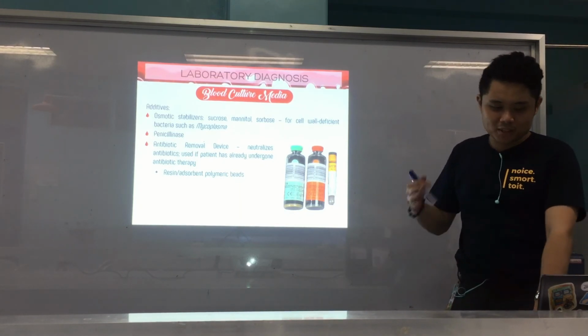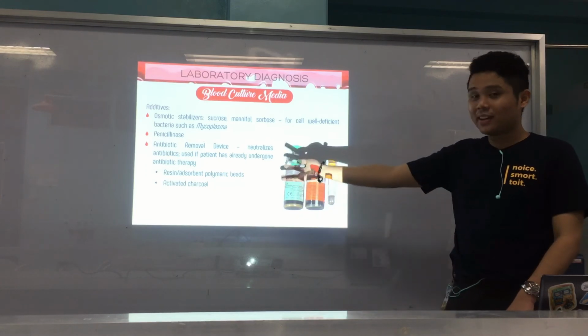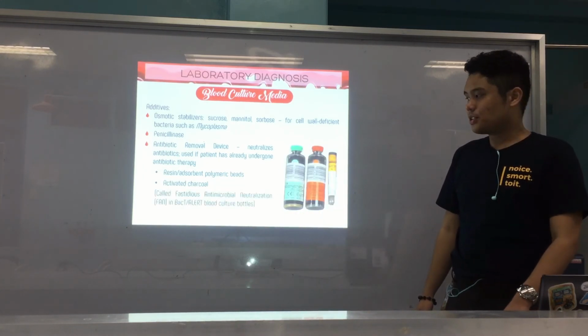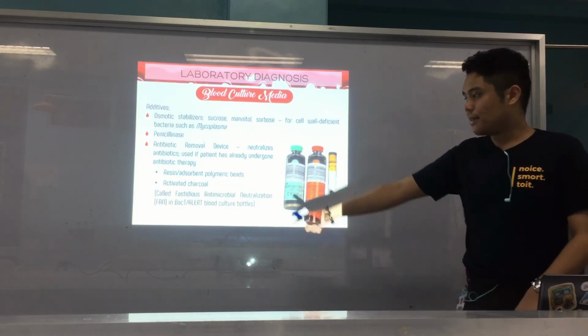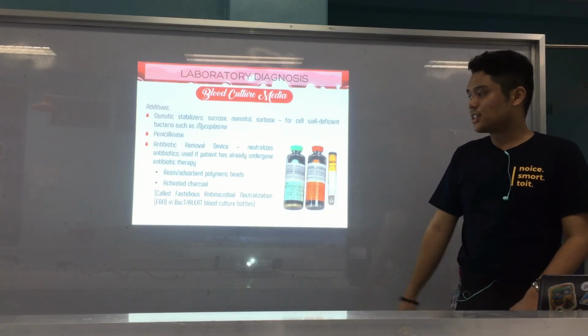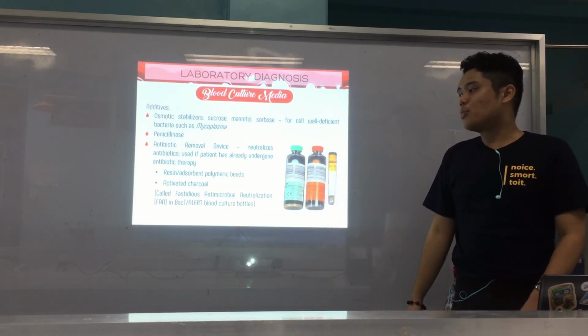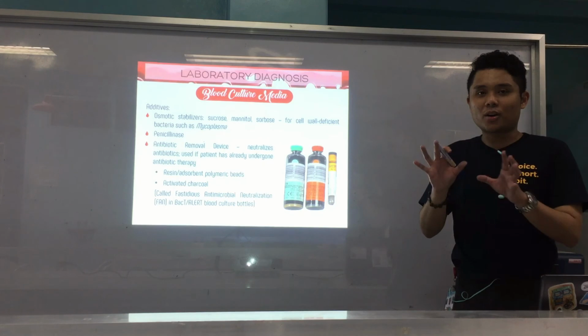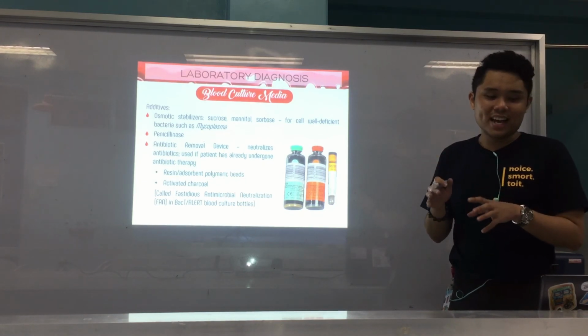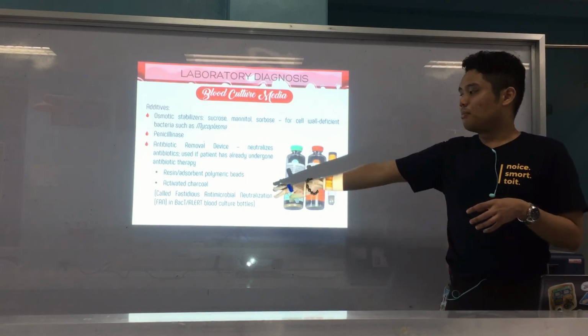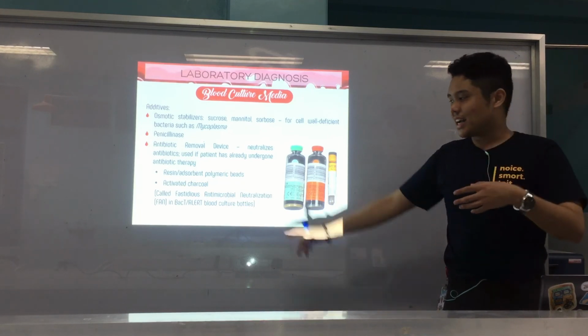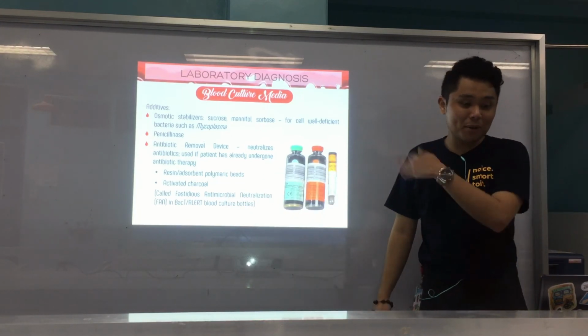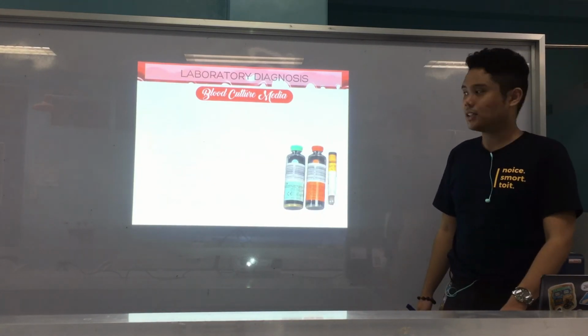Alright? Okay. Ang beads mukuha sa mga antibiotic. Activated charcoal. Alright? So, the same purpose. And again, for a BacT/Alert blood culture bottle, this is known as a fastidious antimicrobial neutralization. So, muna siya term niya sa pagkuha or ARD sa blood culture bottles made by BacT/Alert. So, that's a brand ka ng BacT/Alert. Okay. Alright. We'll talk about that later sa different systems of blood culture.